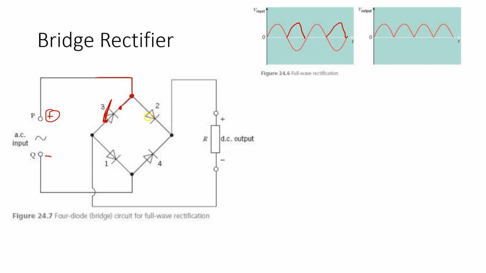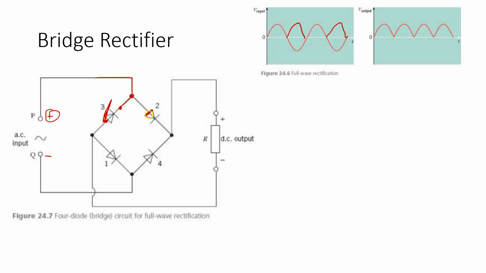Because it's a positive signal, and whenever positive is going towards the positive side of the diode, it allows the diode to be in forward bias.